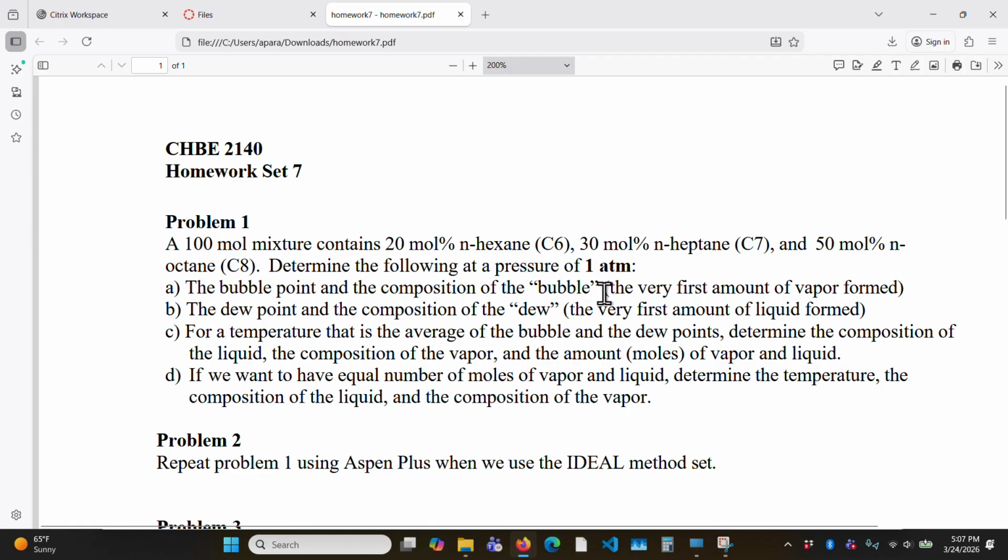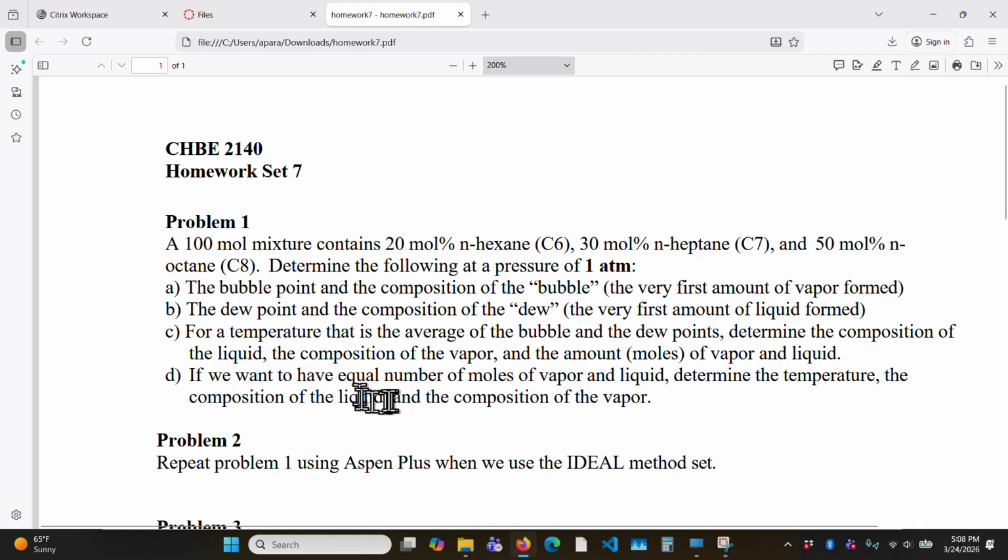So we not only want the bubble point temperature at 1 atmosphere of pressure, we also want the composition of the initial vapor that would be formed. Then we want the dew point, and then we want to set the temperature at the average of the bubble point and the dew point, and determine the amounts of liquid and vapor as well as the compositions.